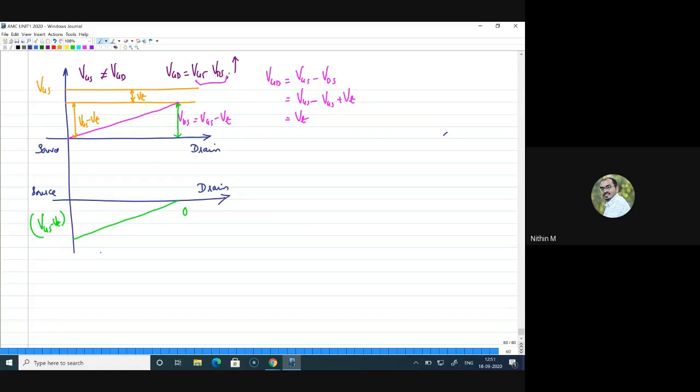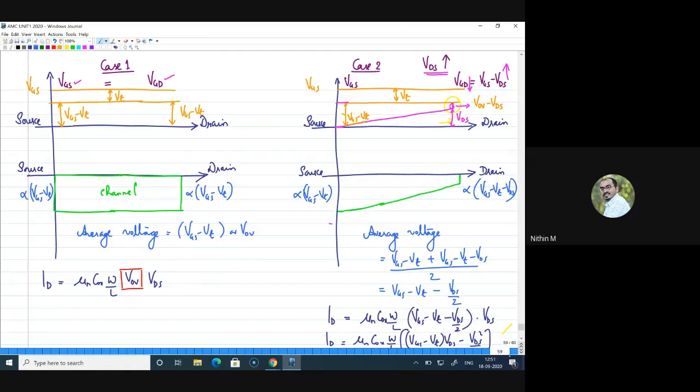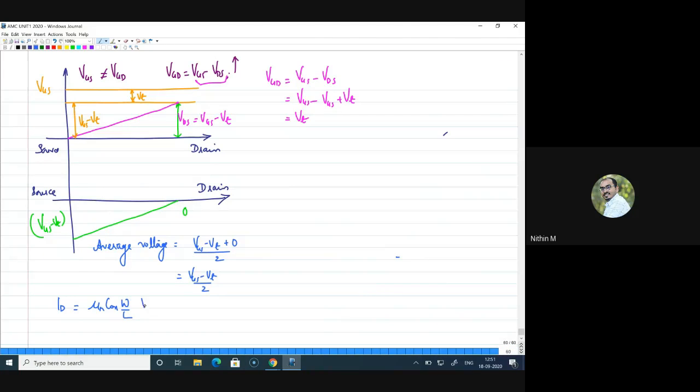So if I look at the average voltage, it is VGS minus VT plus 0 by 2, which is equal to VGS minus VT by 2. So when I plug this in the other equation, ID is mu n Cox W by L into the voltage in the channel, which is VGS minus VT by 2.